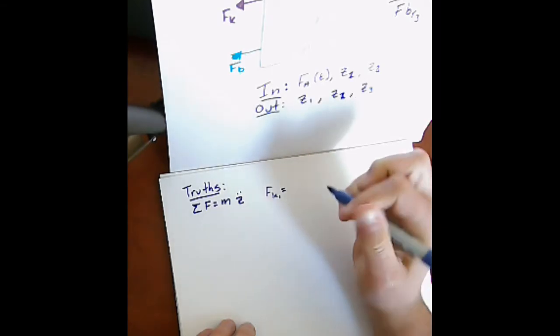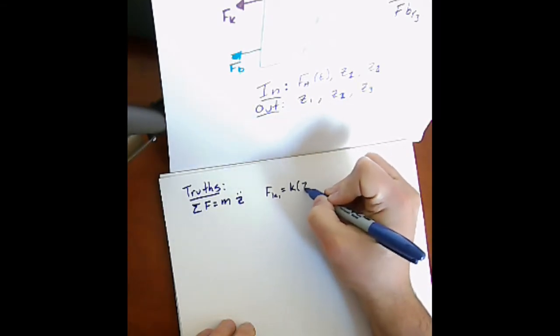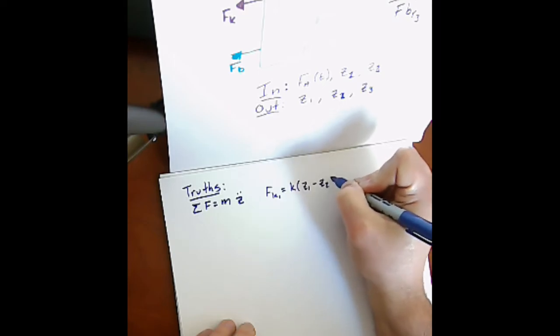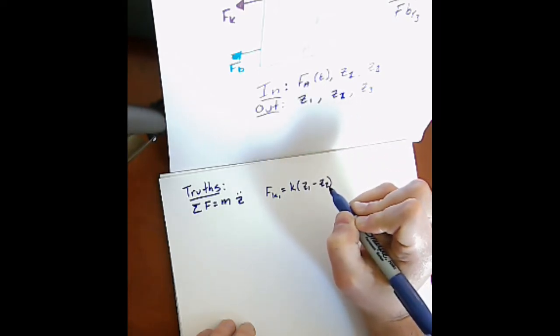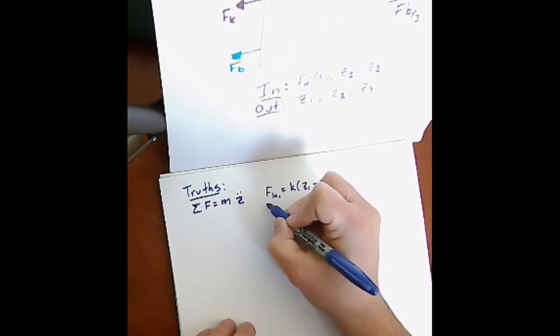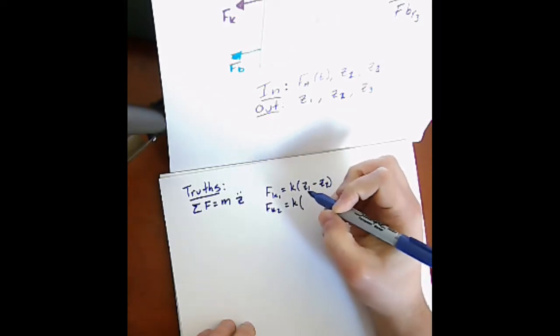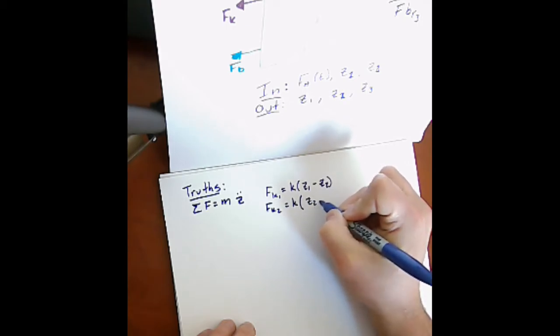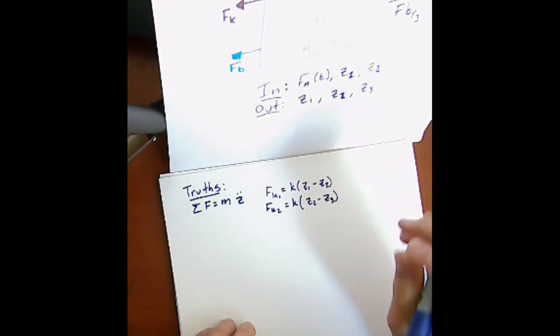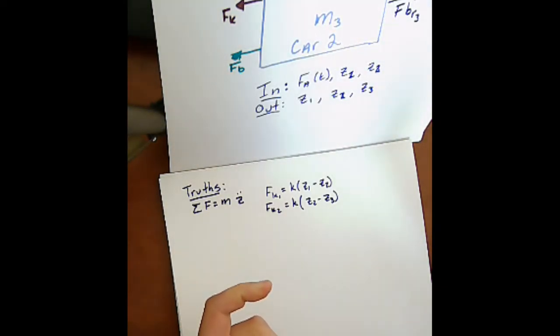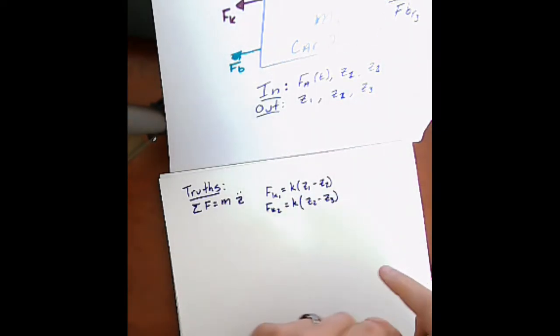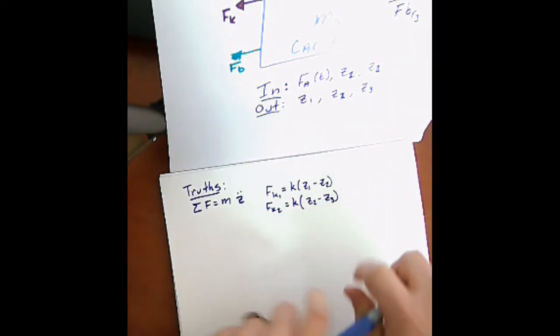And Fk1 is equal to k times z1 minus z2. Fk2 is equal to k times z2 minus z3. This is the connection between the locomotive and car 1, mass 1 and mass 2, and this is mass 2 to mass 3.